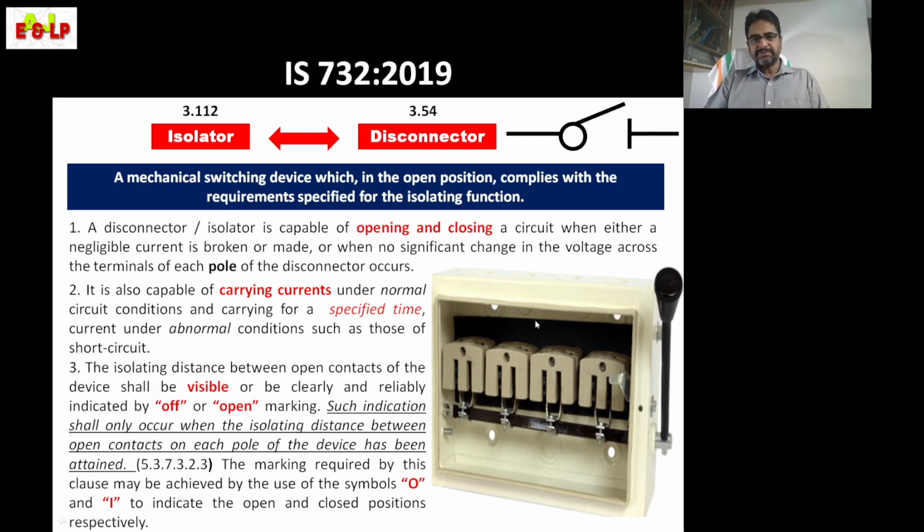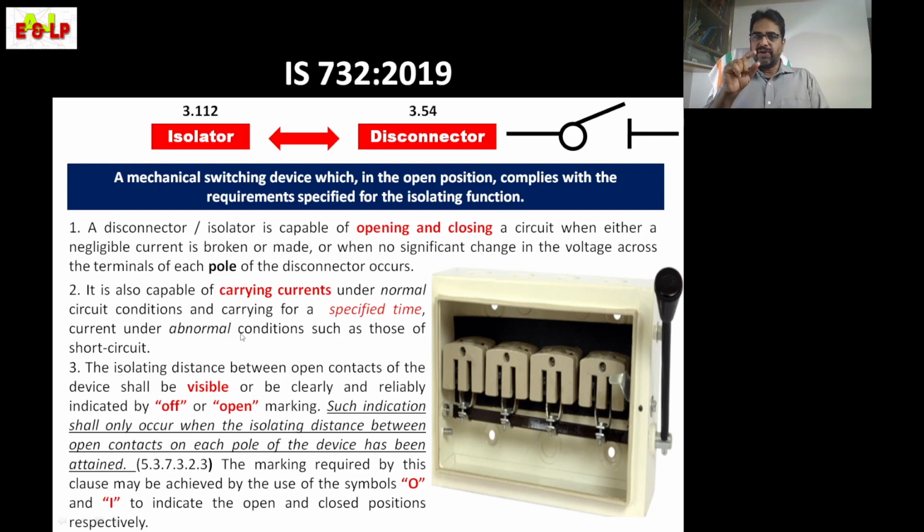See here, a conventional type isolator is shown. When the lever is operated, we can see the circuit as opened, means the opening is visible. See the third condition here. In this conventional type, we can see the terminal, we can see the opening as visible.